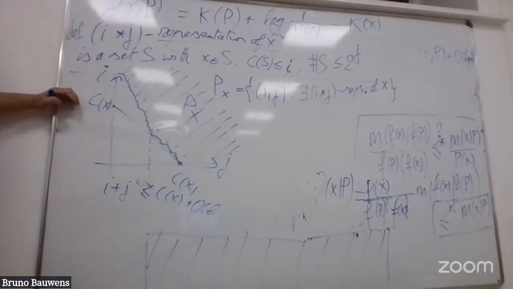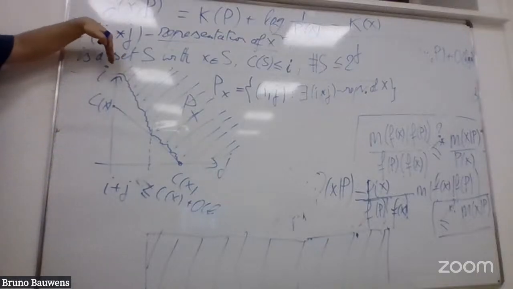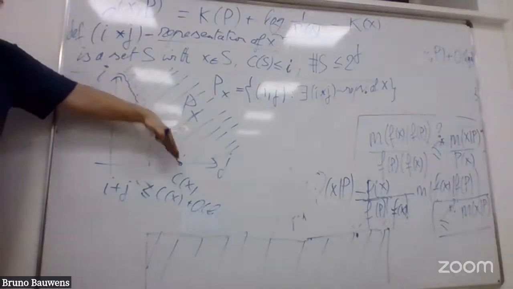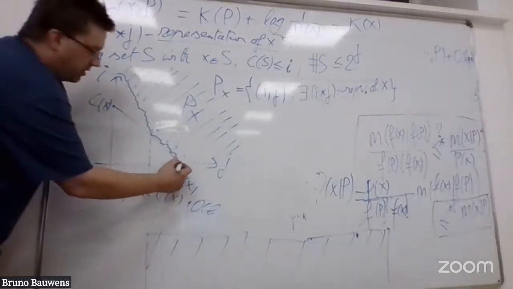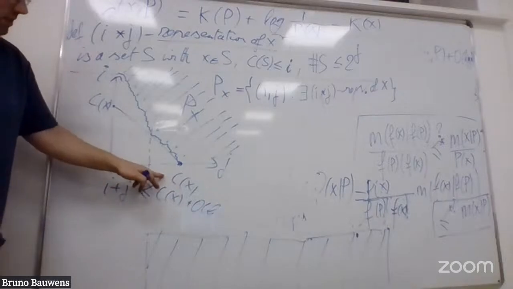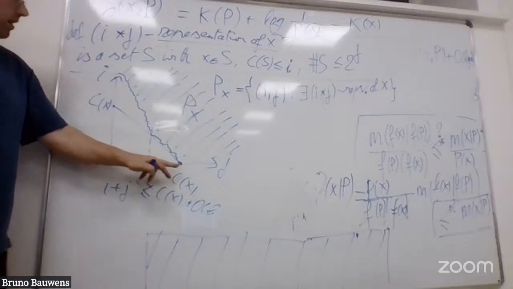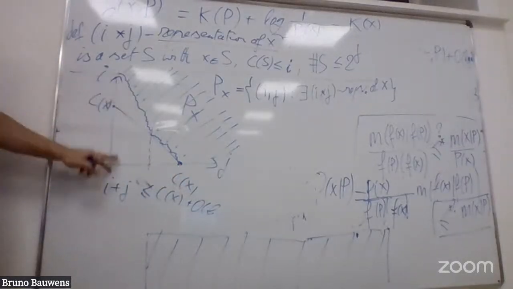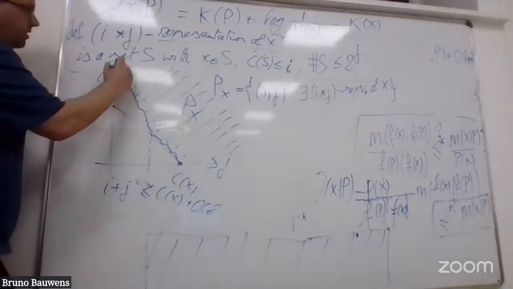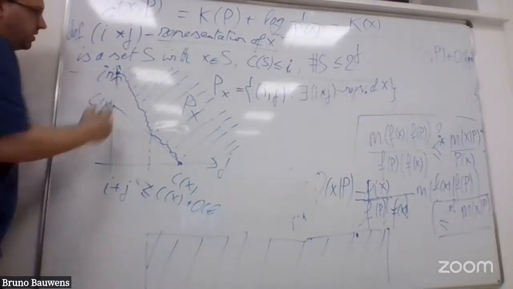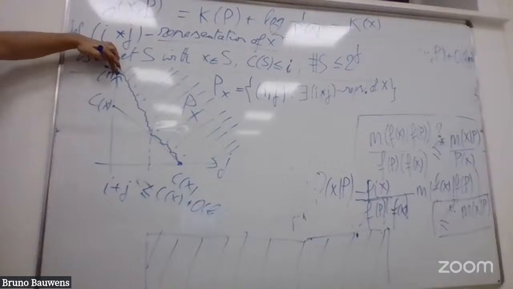Okay, let's continue. And here let's look at the boundary. Well, first we understand that the point (0, C of X) is always in the set, that corresponds to the singleton set containing X. And if we start in log n, then here we start with the point (n, 0), the same observation is also in this graph here.